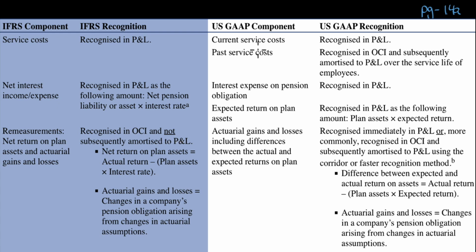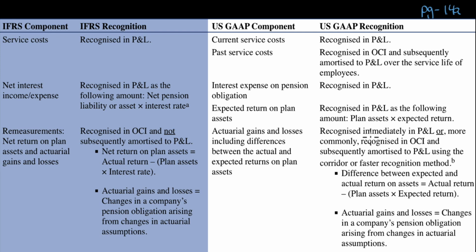Okay? Under GAAP, the current service costs are P&L, past service costs OCI, and subsequently amortized to P&L. Interest expense, P&L. Expected return, P&L. Now, these are separate because they can be different rates, so you can't just take the net.